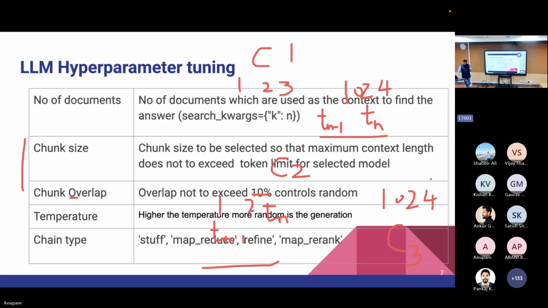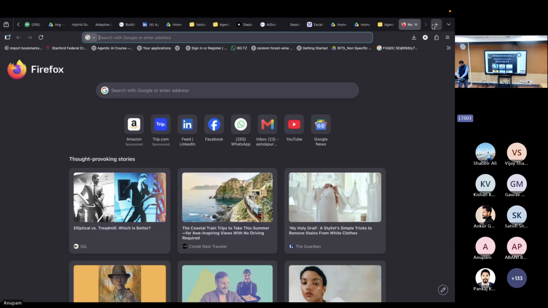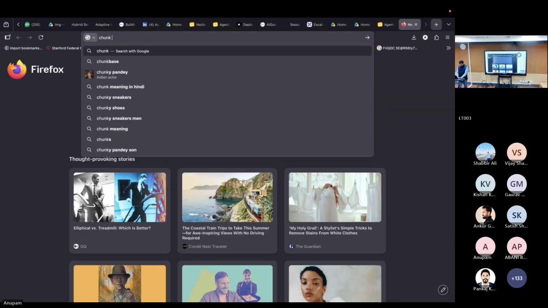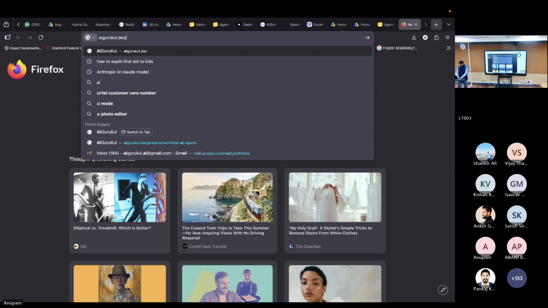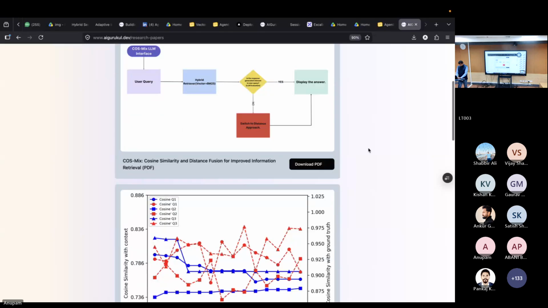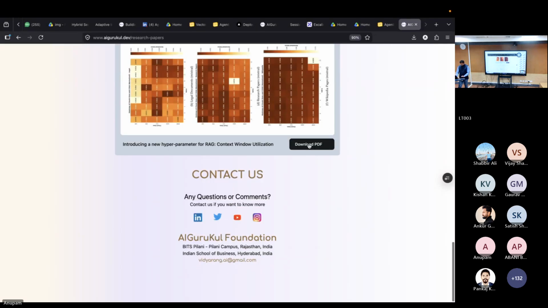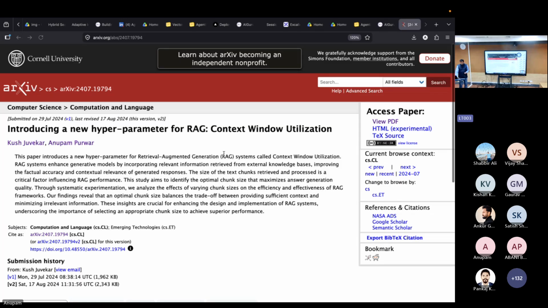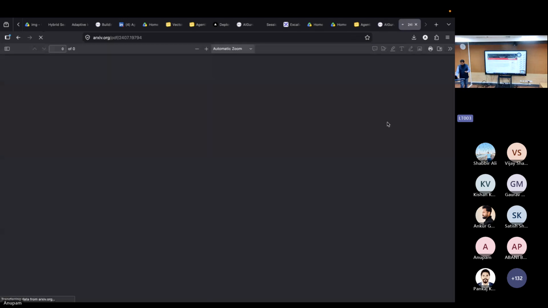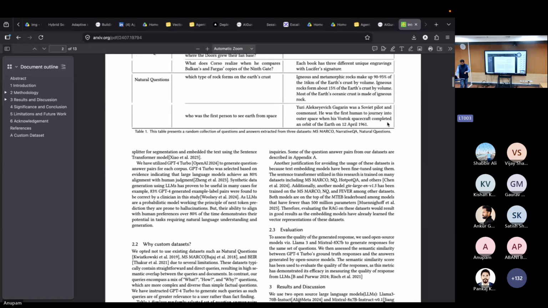And now if you are wondering what is an ideal chunk size or an ideal chunk overlap, I can direct you to this paper. In this paper, we have given some ideas around what is an optimal chunk size and what is an optimal chunk overlap.